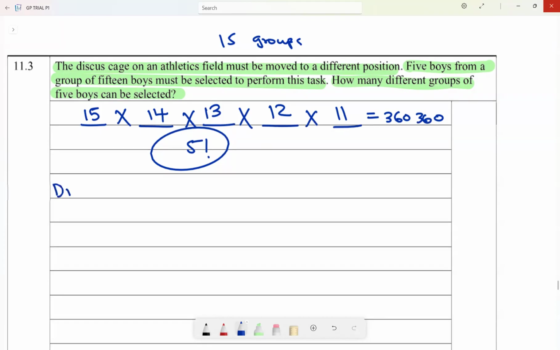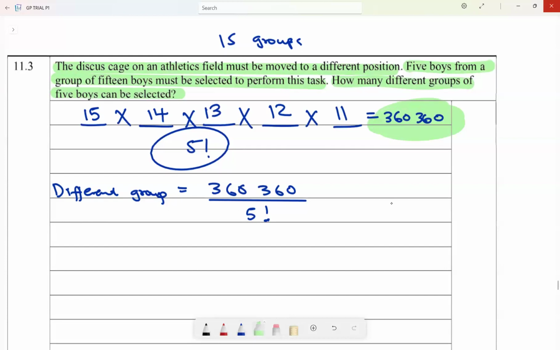So different groups is going to be the total that I can choose from, divided by the arrangements of the boys. This is the number of chances of getting 5 boys from these 15 groups.